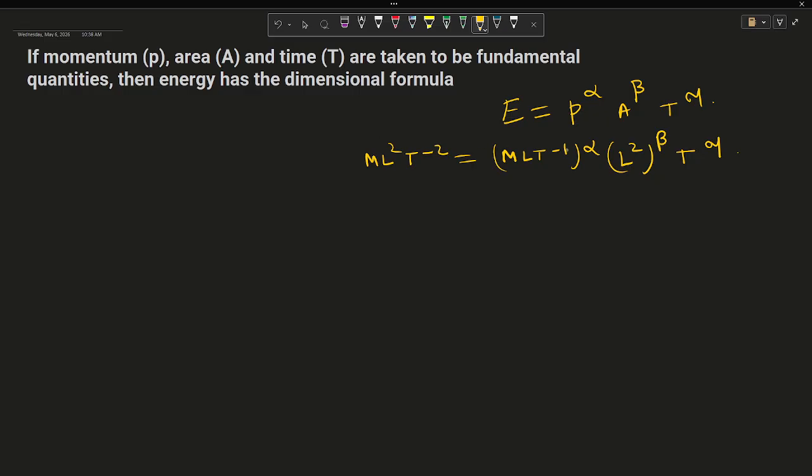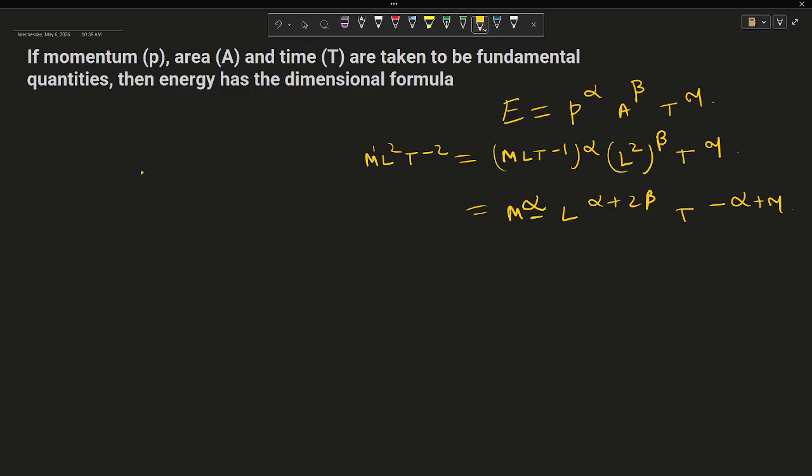So m has dimension 1 here, here m to the power alpha, L alpha plus 2 beta, and T to the power minus alpha plus gamma. Now alpha is 1.